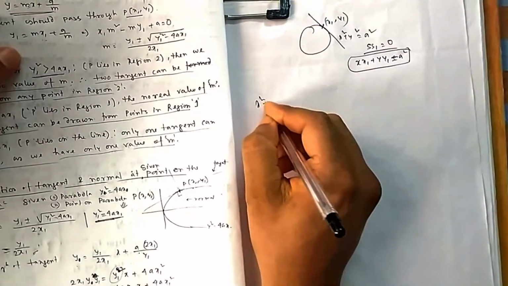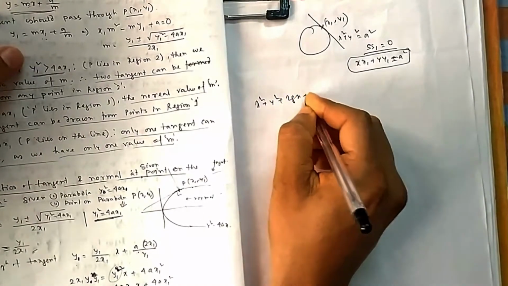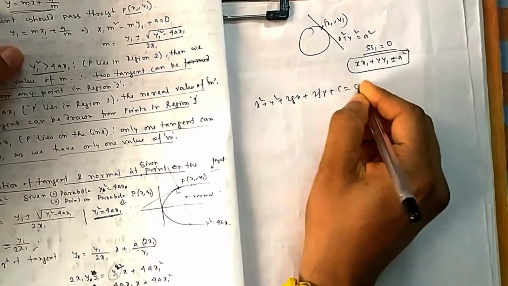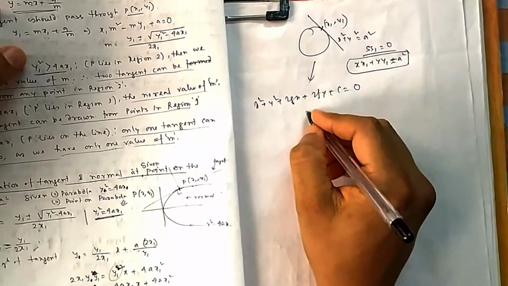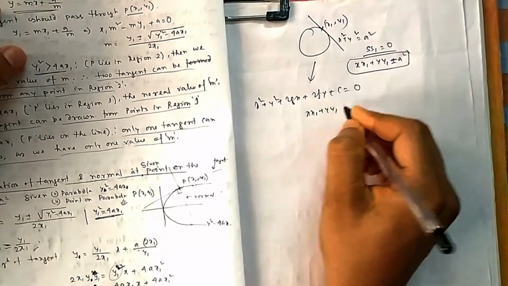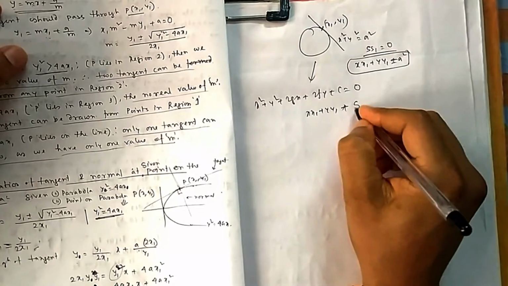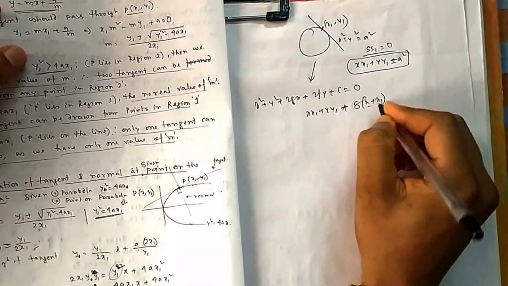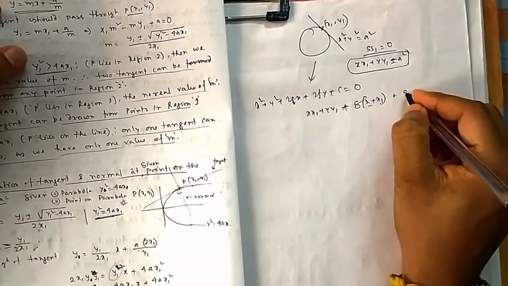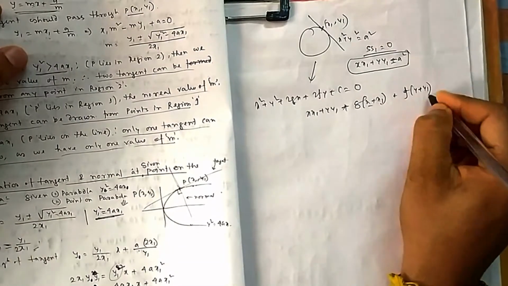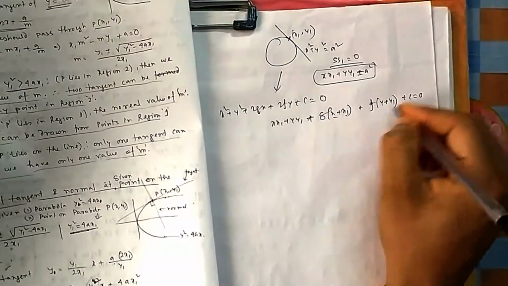Suppose the circle equation is x square plus y square plus 2gx plus 2fy plus c equal to 0. So how do I write the tangent at x1, y1? x x1, y y1, and in place of 2gx, you can think of g(x plus x1); x plus x1 is 2x, so that's why 2 is gone. Similarly y plus y1, I told you to remember it in this way. This is the SS1.